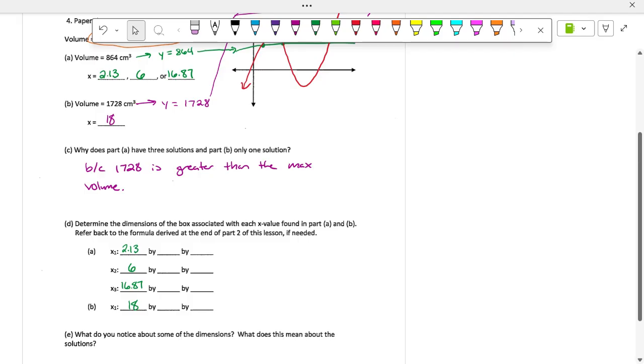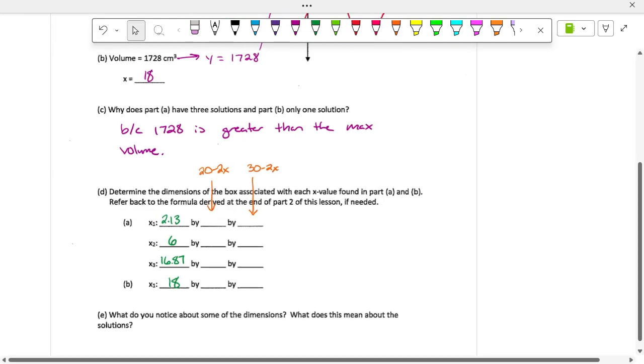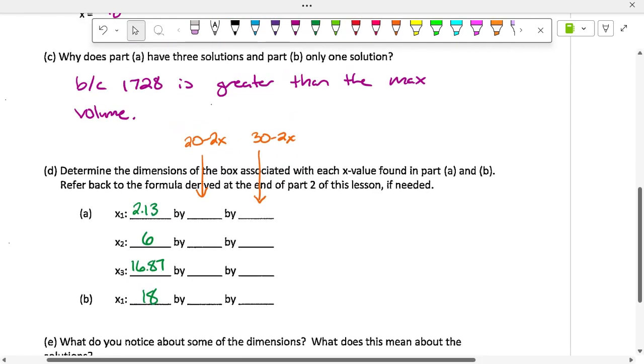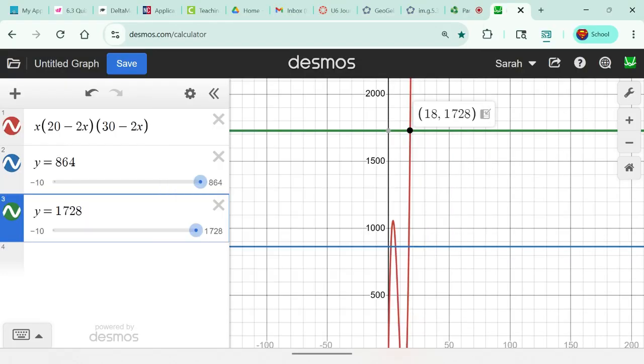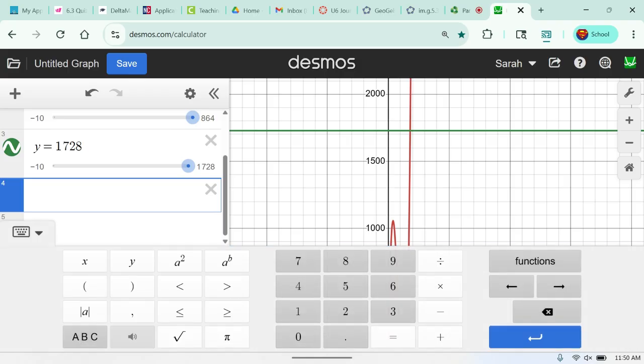So in other words, for this part of the box, we would do 20 minus 2x and take our x, put it in for x for 20 minus 2x. For this part, it'll be 30 minus 2x. And we plug in for x. So let's say I plug in 2.13 for 20 minus 2x.